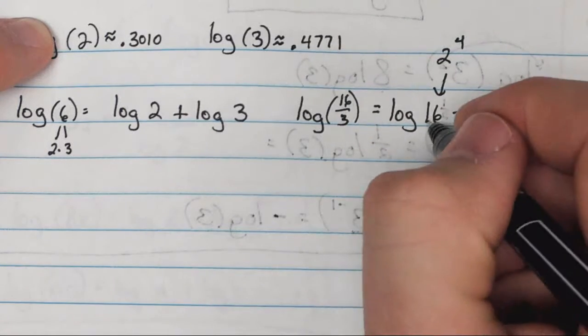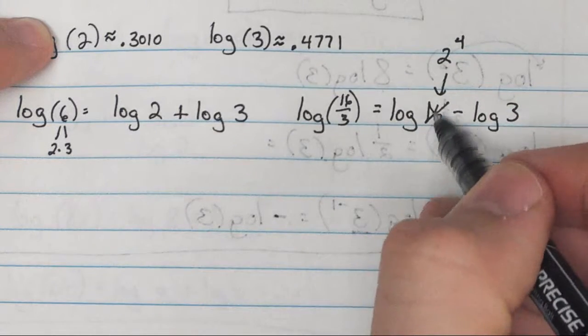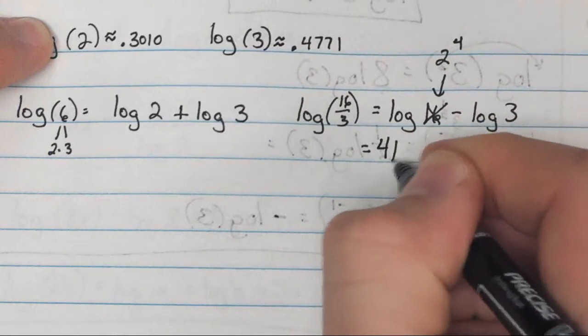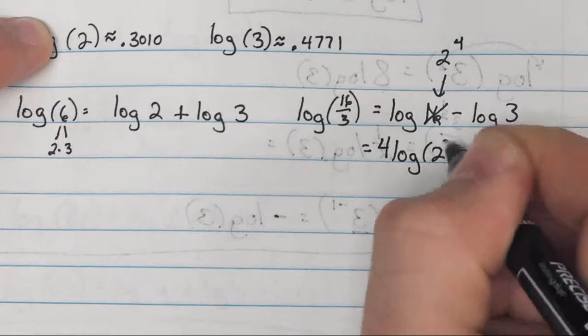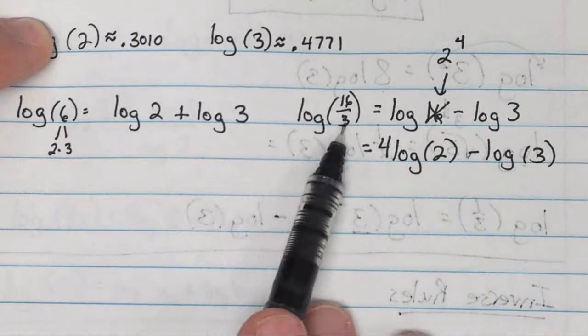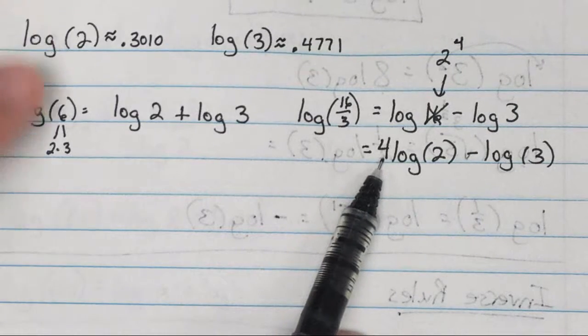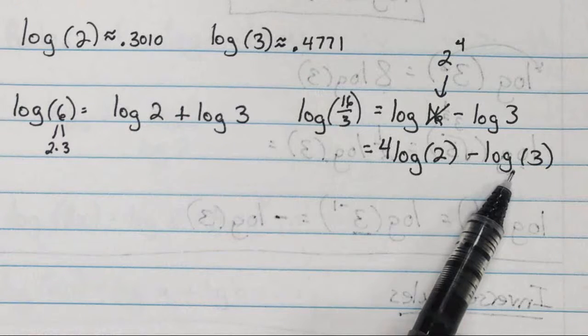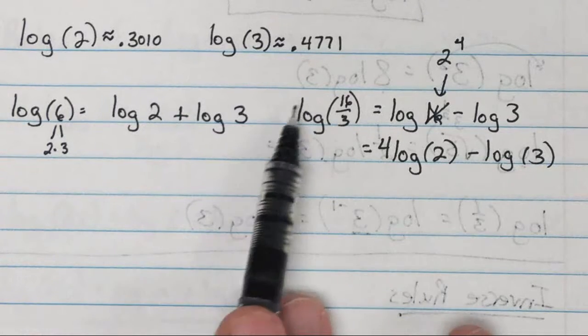And from your third rule, the log of something to a power, I can just bring that power down front and change it to 4 times log of 2 minus the log of 3. So if I want to know what the log of 16/3 is, it's 4 times 0.3010 minus 0.4771. And that would tell you the log of 16/3.